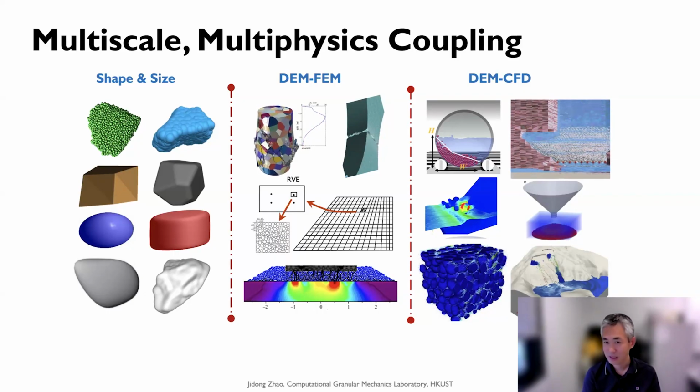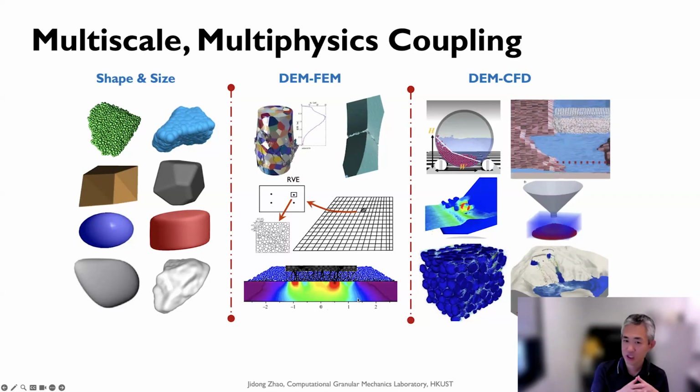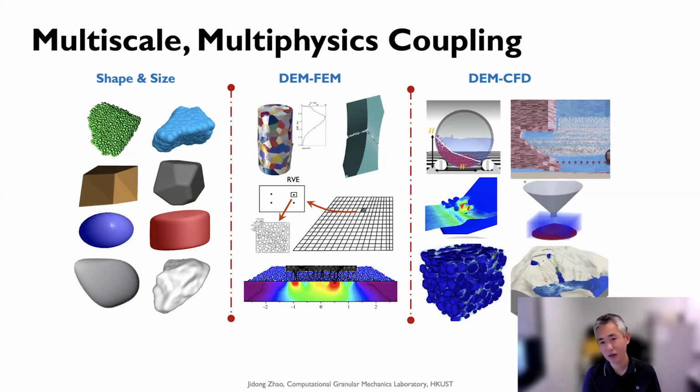So it's a multi-phase material, and this kind of mixture has a lot of different unique properties that we have to deal with. That's why modern-day computational geomechanics and granular mechanics are tackling the challenge posed by these multi-scale and multi-phase natures, and they develop different numerical methods to couple together to model this multi-scale and multi-physics nature.